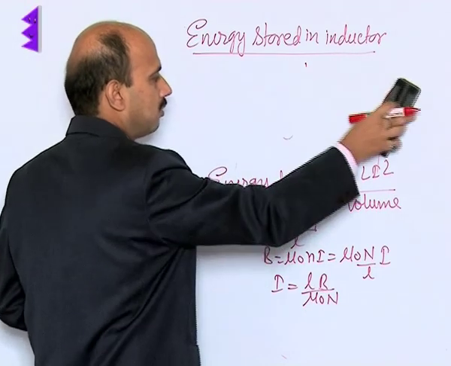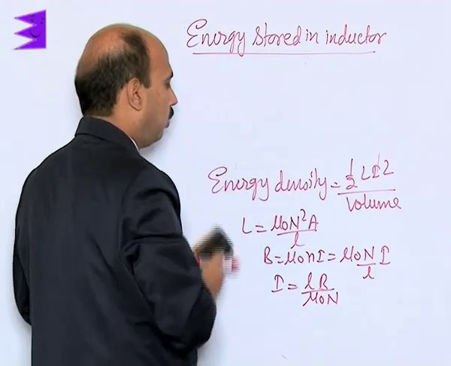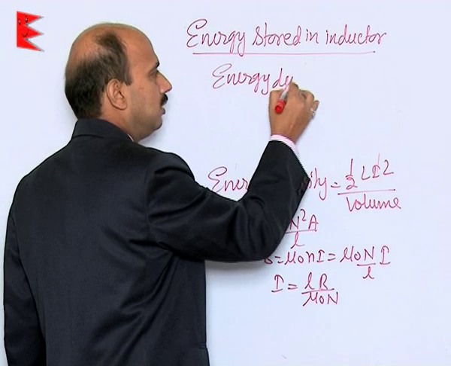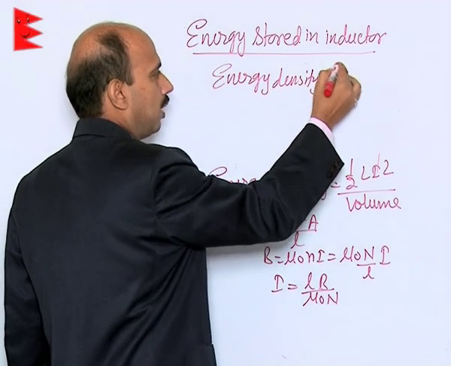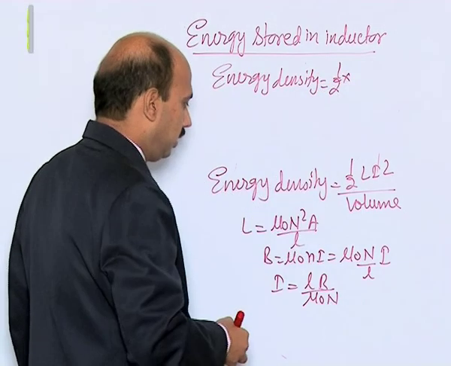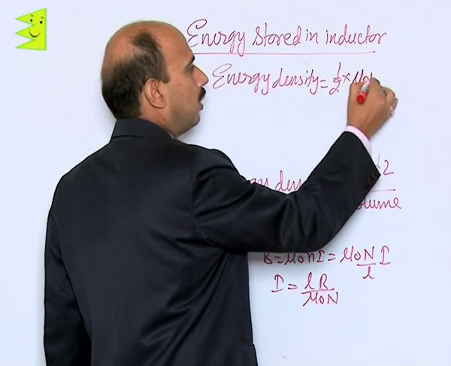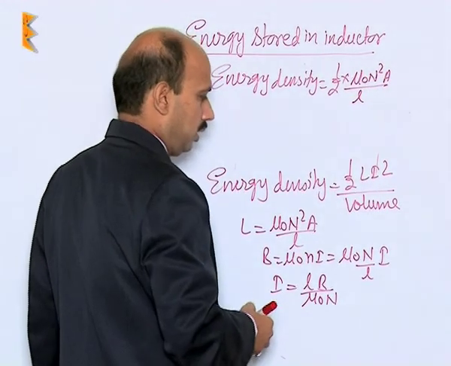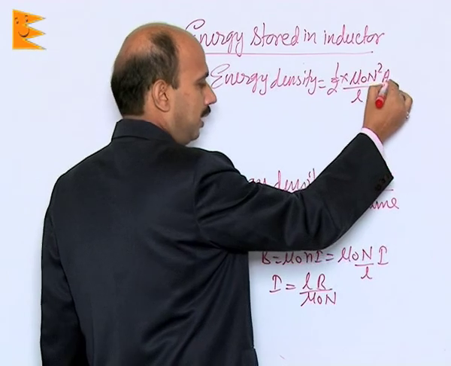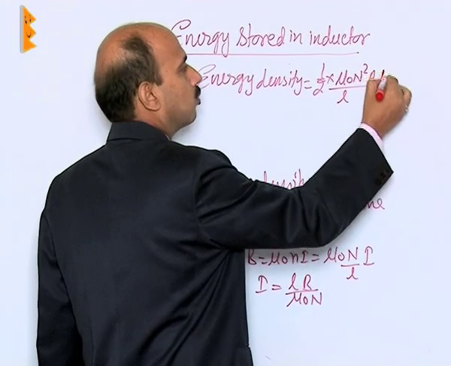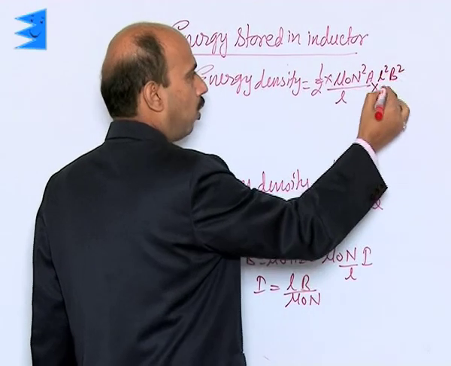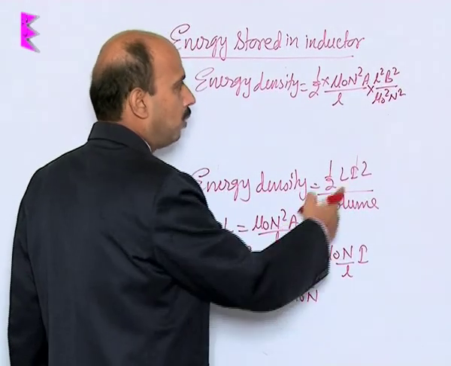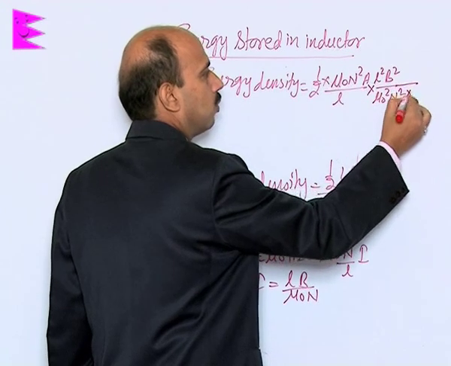So, we will be replacing all these things in this formula. We will get energy density is equal to half, mu naught n square A upon l, in place of I we write B square upon mu naught square n square, and the whole upon volume, that is A l.